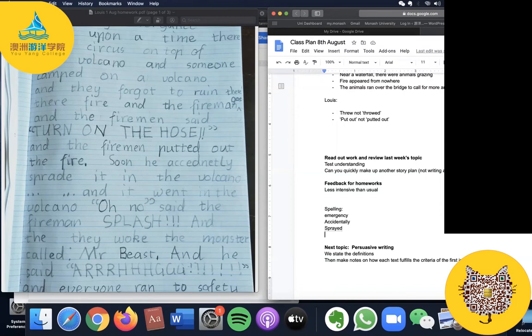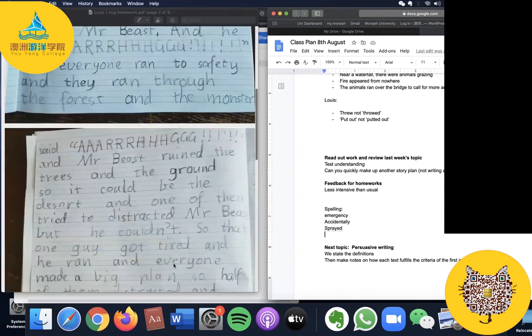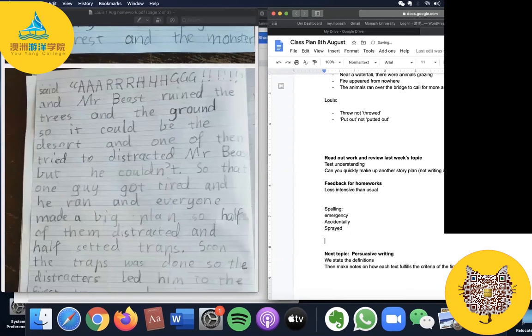Good grammar, Lewis. Good use of quotation marks. You know when someone says something, you put the quotes around it? You did that. Good. Better handwriting as well.